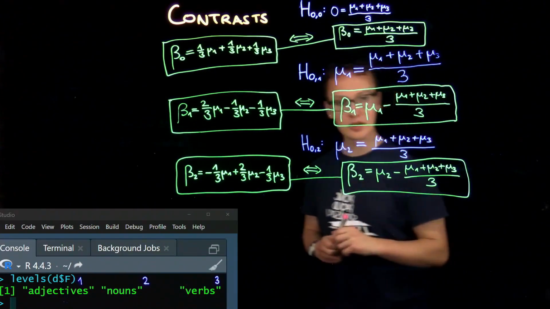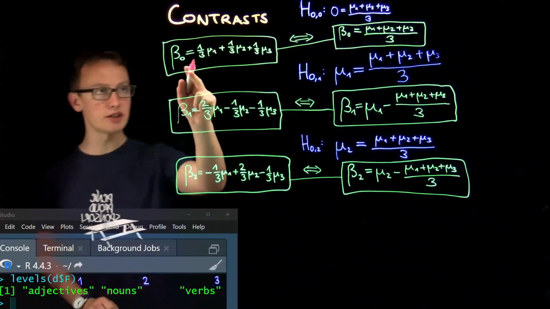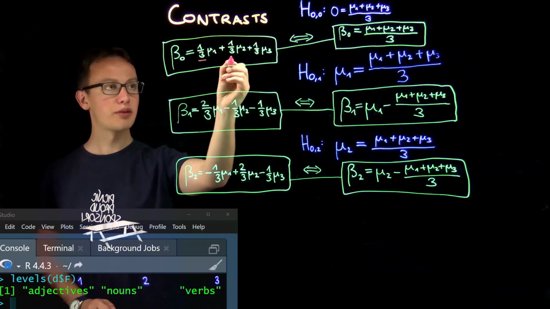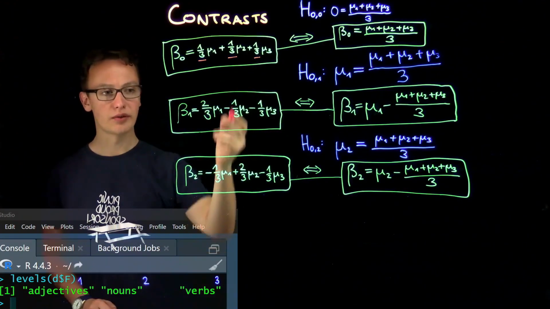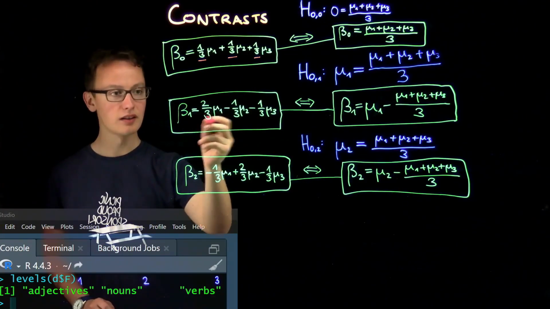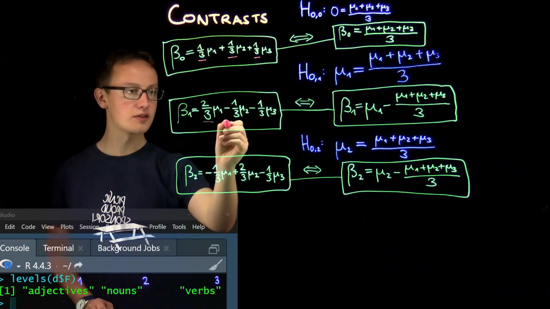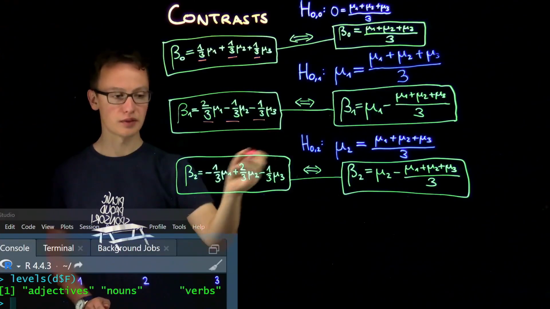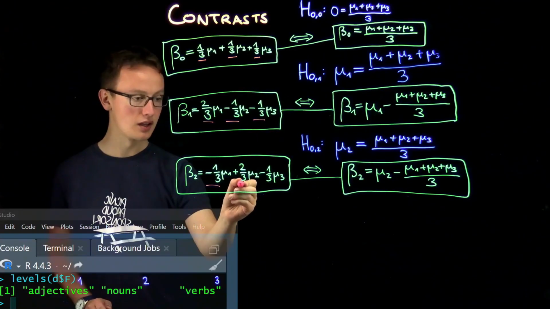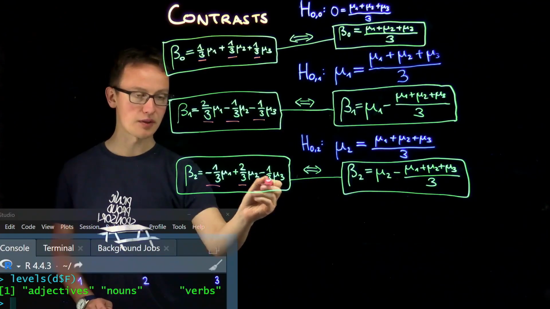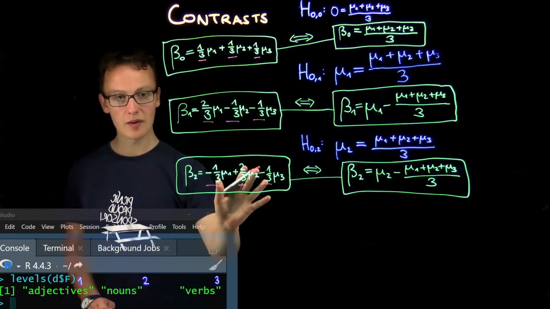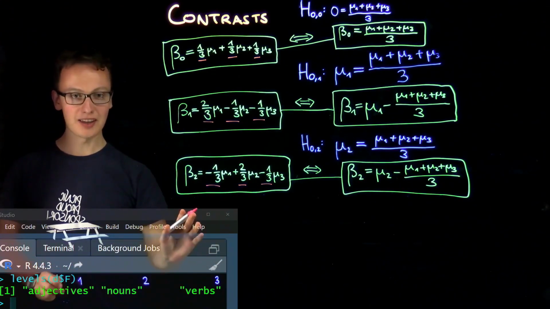Now, the interesting thing we can do with these coefficients, so 1/3, 1/3, and 1/3 for the intercept, 2/3, minus 1/3, and minus 1/3 for beta 1, the first slope, and minus 1/3, plus 2/3, and minus 1/3 for the second slope, is represent them as a matrix, okay?